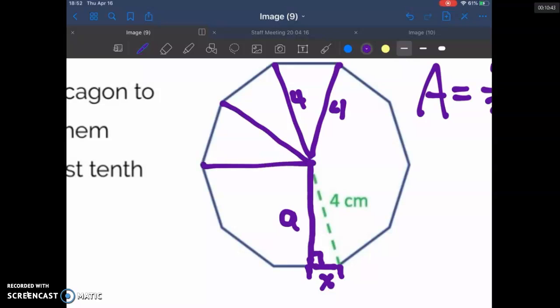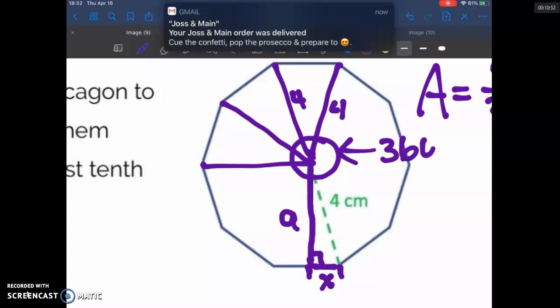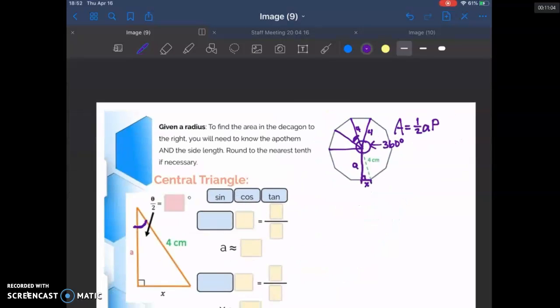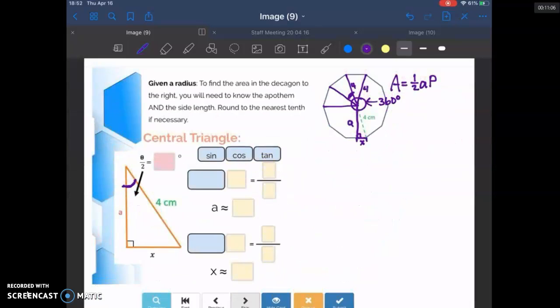Our central angle is going to be one of these, and we know that the full circle is 360 degrees. So just one of these is 1/10 of that, because there are 10. Of course that's 360 divided by 10, which is 36.